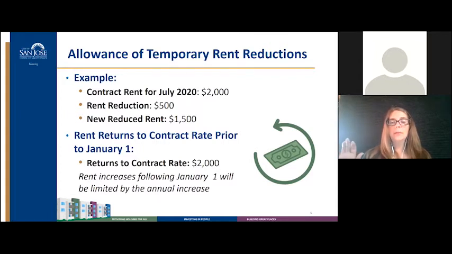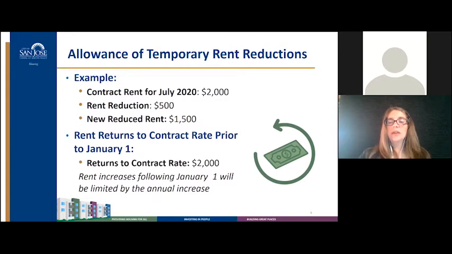Because the $500, if you go from $1,500 back up to $2,000, that is a rent increase that will exceed 5%. So this is a special circumstance where increasing the rents back to where they were is allowable.